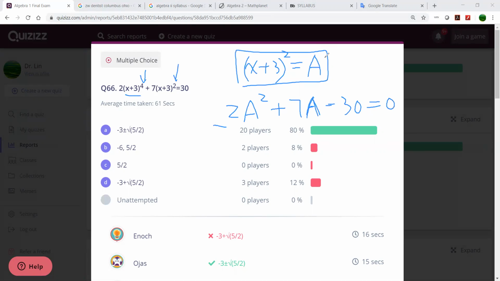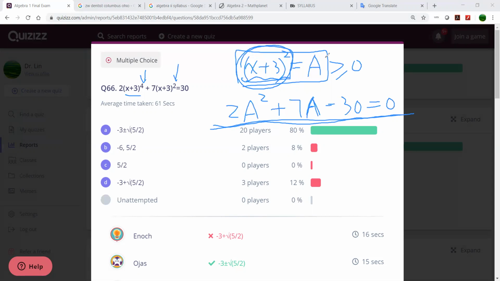So this one right now changes to a quadratic equation. We can use the quadratic formula to get results, right? But remember, since A equals (x plus 3) squared, this A should be greater than or equal to 0, right?